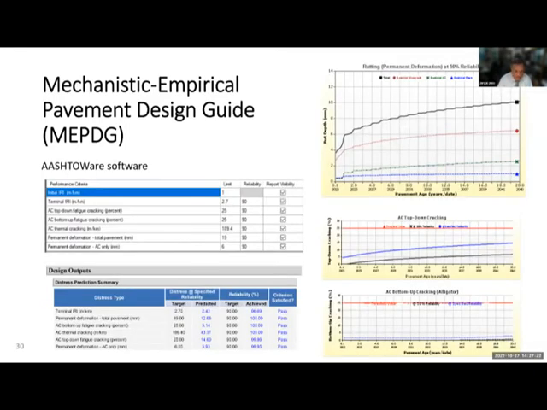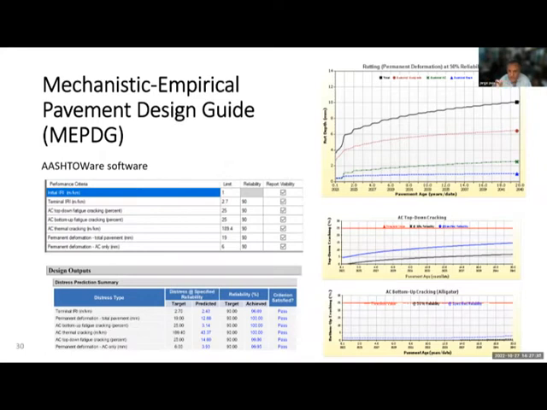But the most important thing is the results that the MEPDG presents, because the analysis is based on a monthly process.